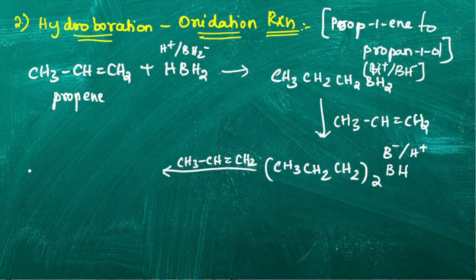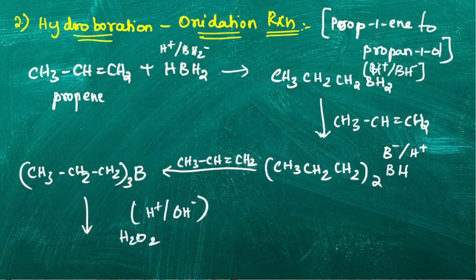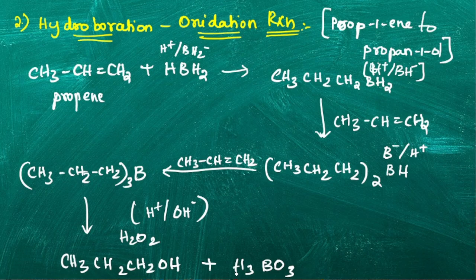Now this compound I am going to react with water. When I react it with water, you know it will split into H plus and OH minus. You all know very well, right? So now the product we get is CH3, CH2, CH2, OH, plus H3BO3, orthoboric acid.